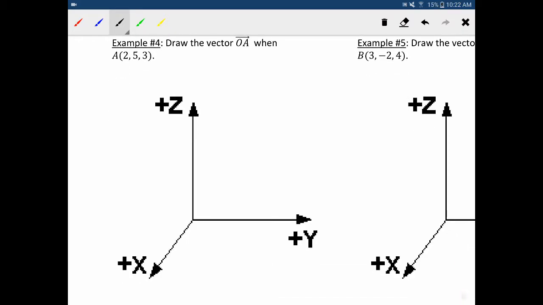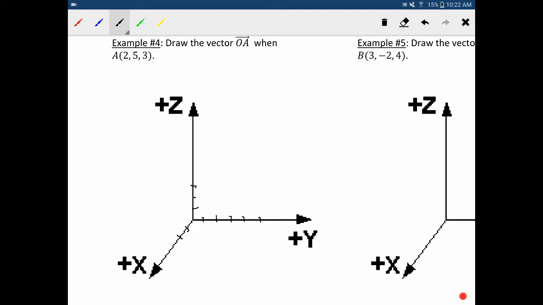Obviously this is going to be a bit of a challenge, but if I'm going to draw a vector OA, where A is (2, 5, 3), don't forget that we are on the x-axis here, so the 2 will be about there, and then 5, so 1, 2, 3, 4, 5, and then we'll have 3 on the z, so 1, 2, 3.